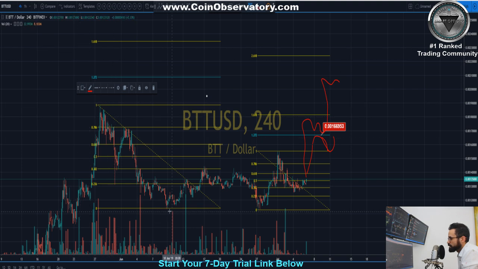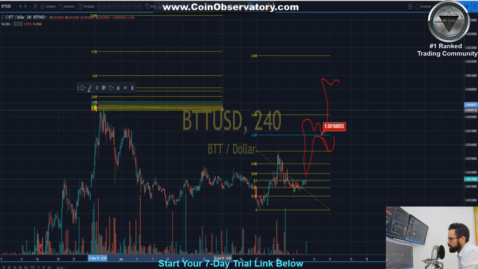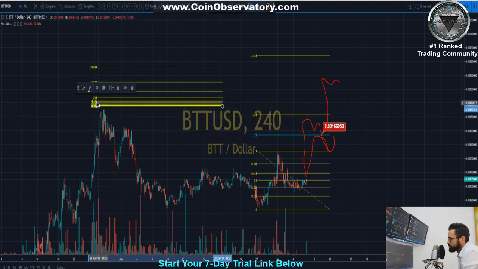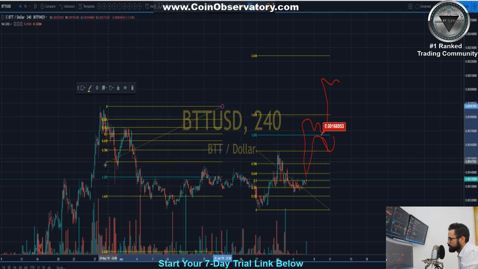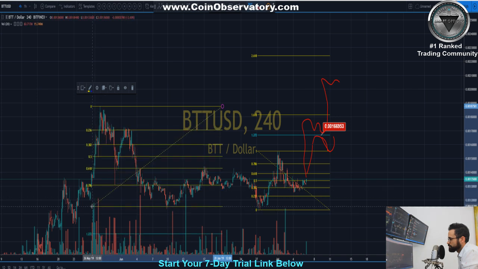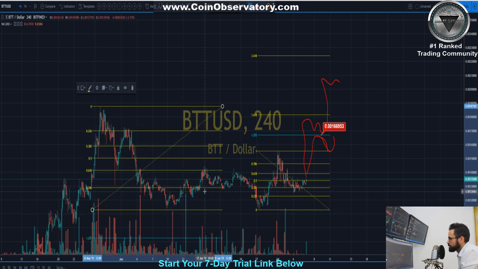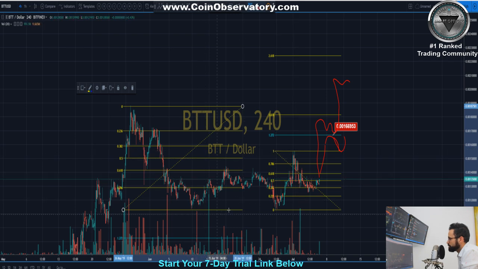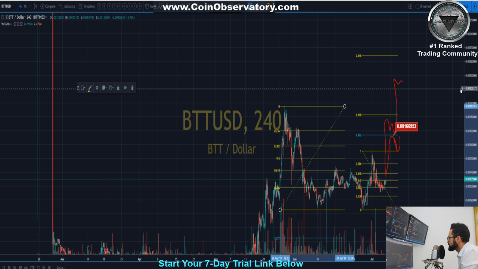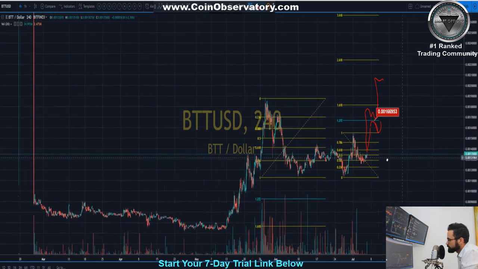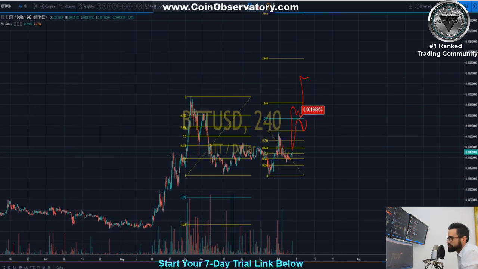If I wanted to get the downwards 1.272 extension, all you'd have to do is flip that fib around. And based on that, if this range fails, you're gonna want to see a hidden support at that 1.272 for rejection.